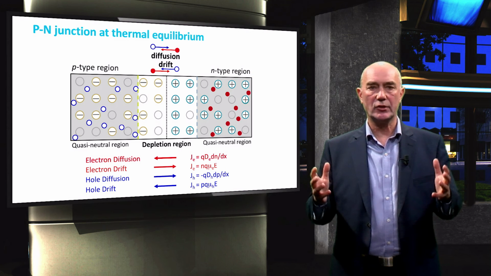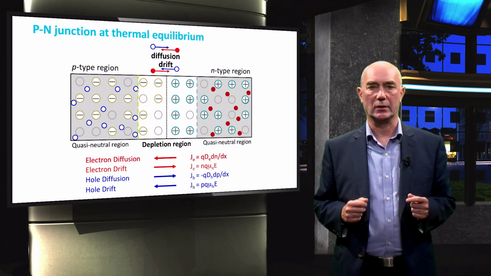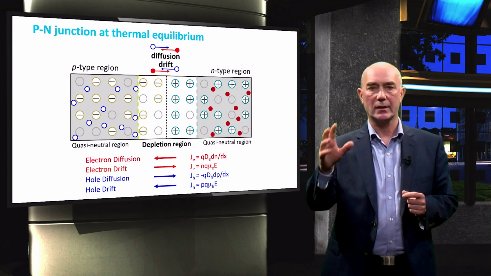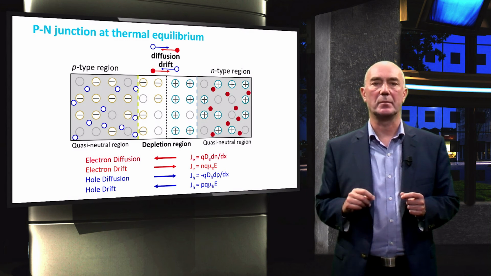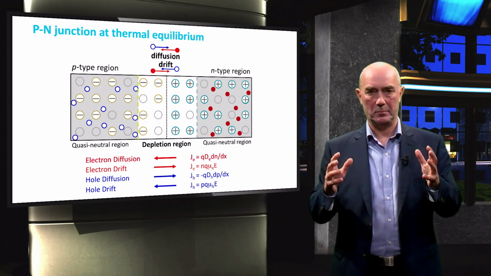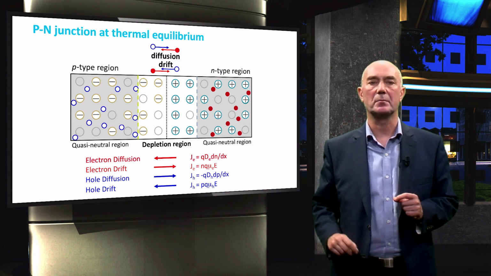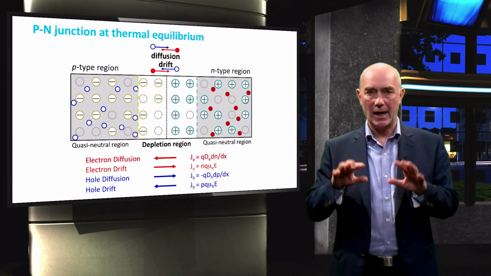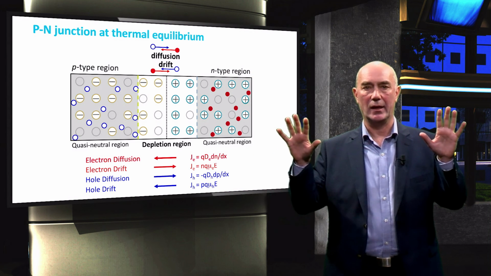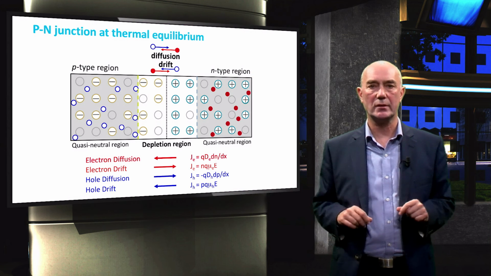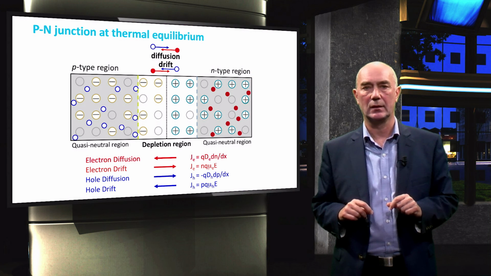The depletion region is formed at the p-n junction, where mobile carriers, electrons and holes, are depleted. Because of the buildup of charges, there is an internal electric field in the depletion region. Outside the depletion region, there are quasi-neutral regions without any electric field.